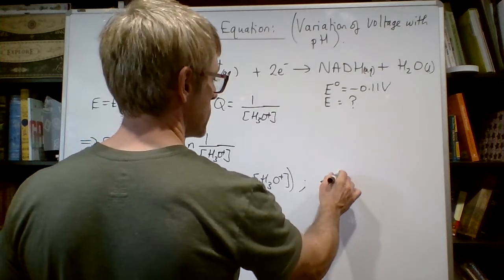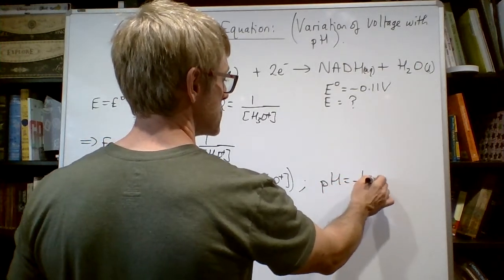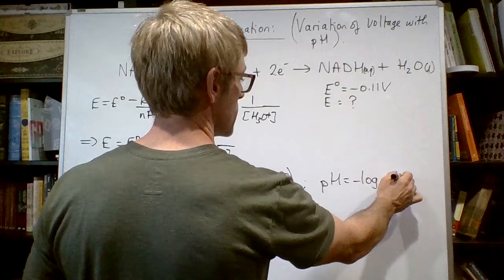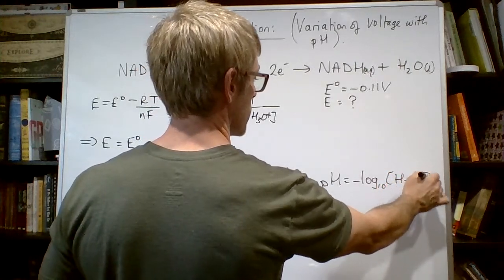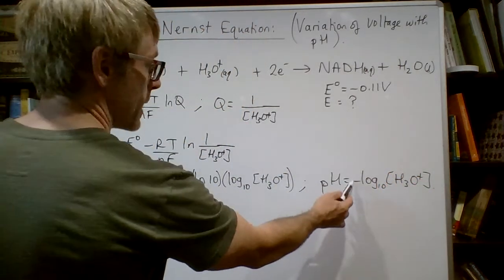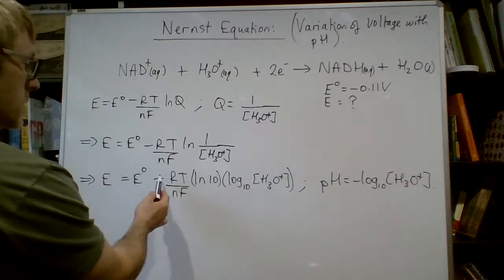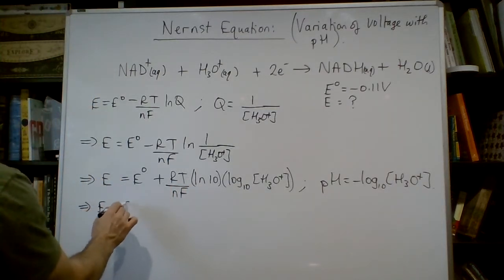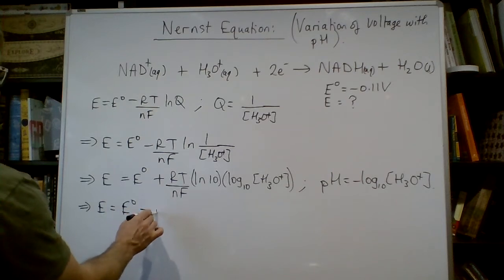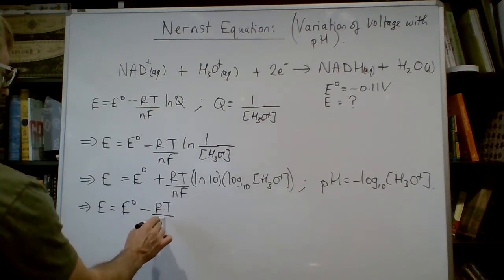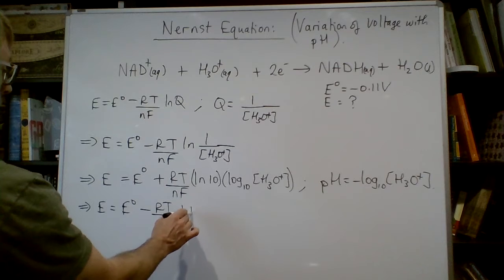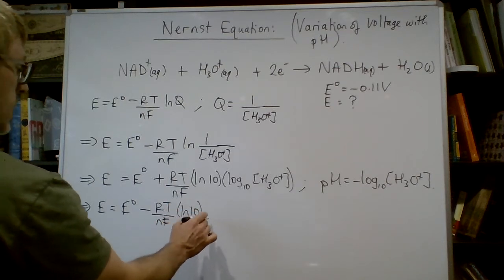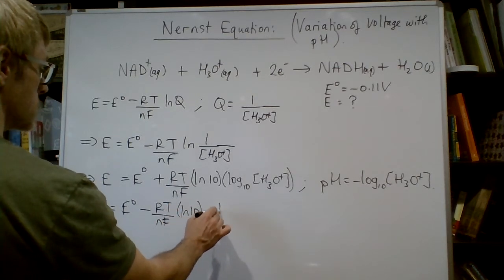So recall pH by definition is negative log base 10 hydronium. So I'm going to have the negative instead, which is going to go over here. So E is E standard minus RT over NF log 10 pH.